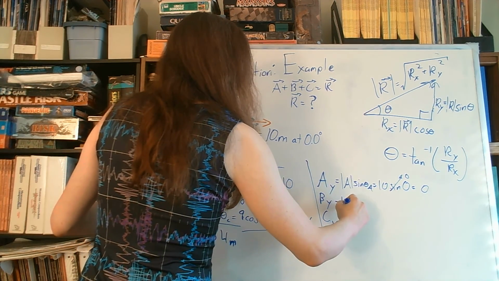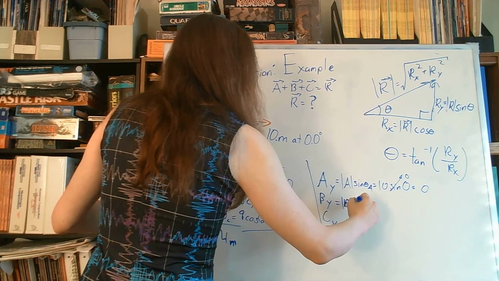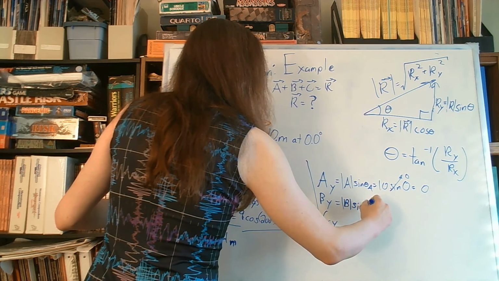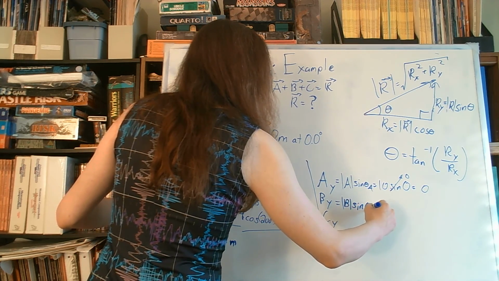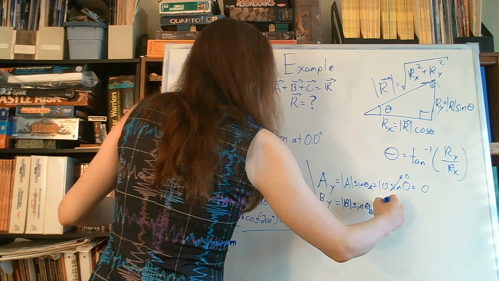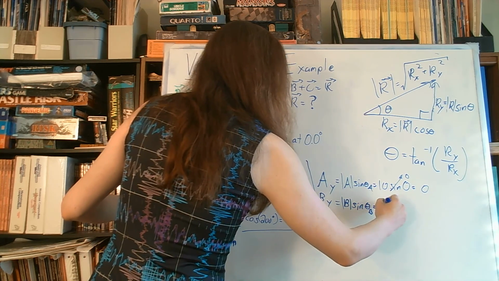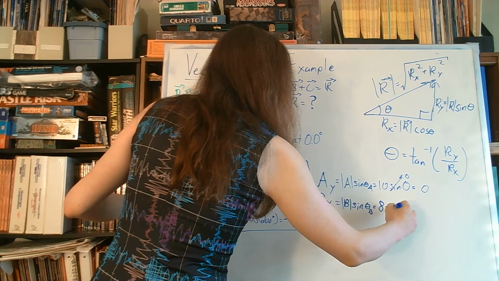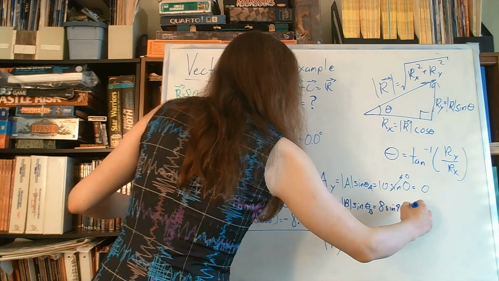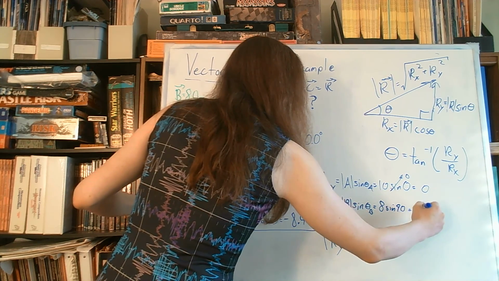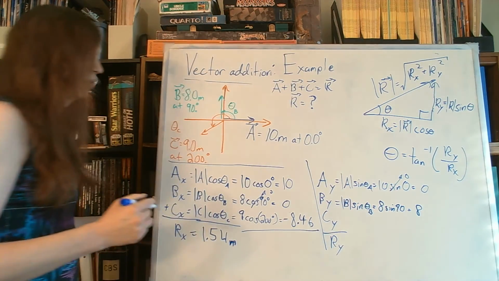Then we had B sine theta sub B, which is 8 meters times sine 90, which was 8 meters.